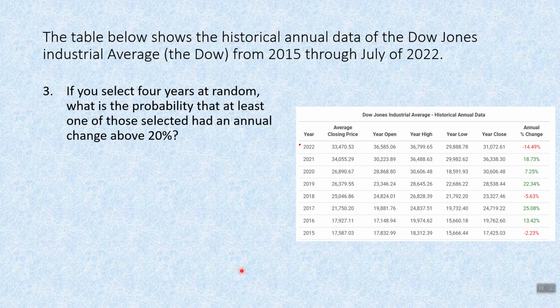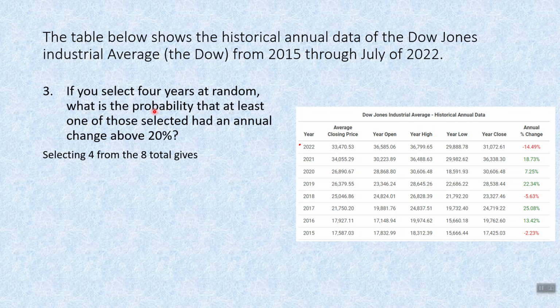All right. What if you selected 4 years at random and you wanted to find the probability that at least one of those selected had an annual change above 20%? Let's just start the problem.